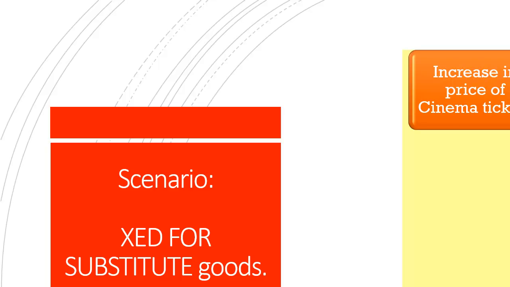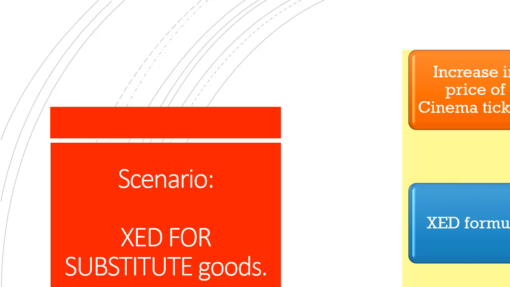factors remain constant, to an increase in the demand for the substitute of the cinema, which is Netflix, definitely. Now, let's go back again to the formula of the XED. An increase in the price of cinema tickets means that we have a positive change in the price of the tickets.